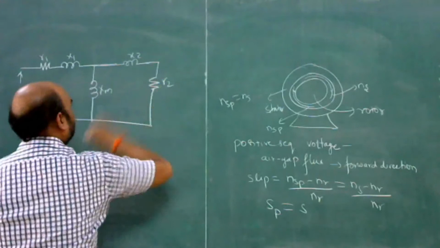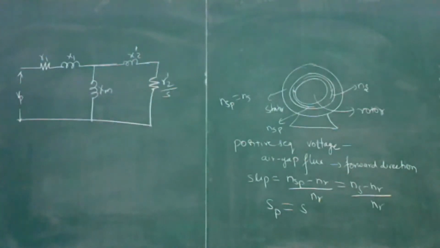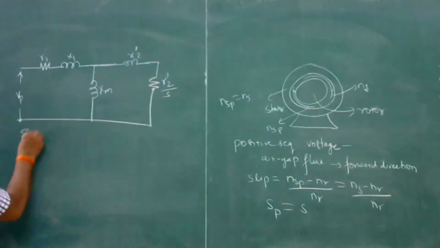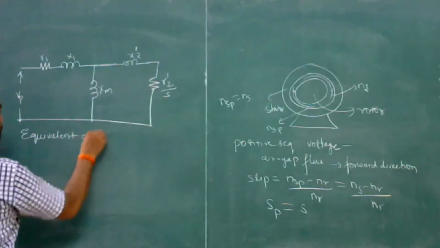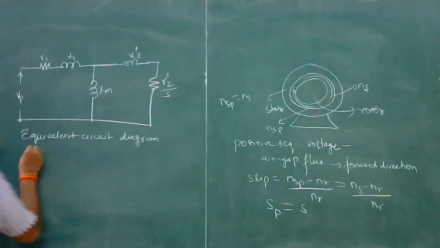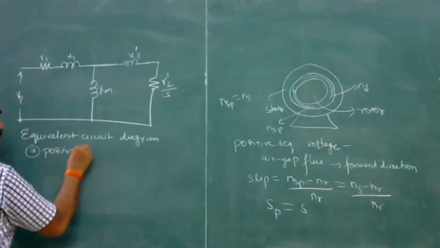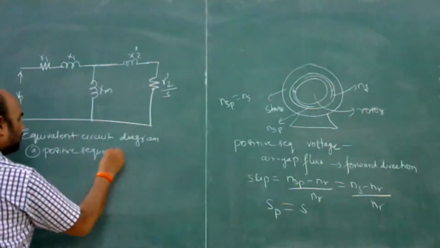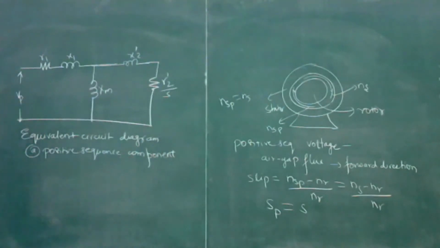This is R2 dash divided by S. Okay, so this is the circuit diagram for the positive sequence voltage. It will be the same.